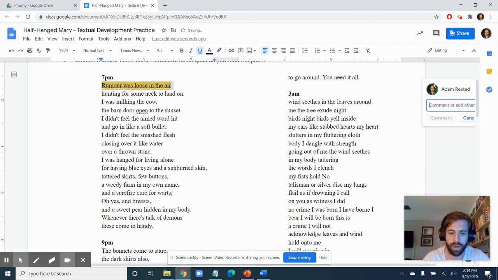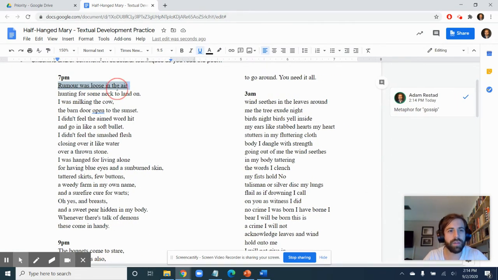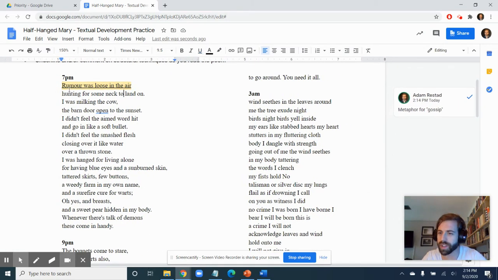So I'm going to write metaphor for "gossip," putting gossip in quotation marks. It's a metaphor for gossip, because this idea of rumor, something started, some people are talking, and somehow this comes back to this narrator that we don't know much about.